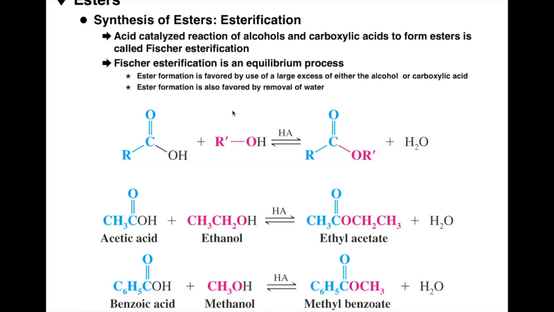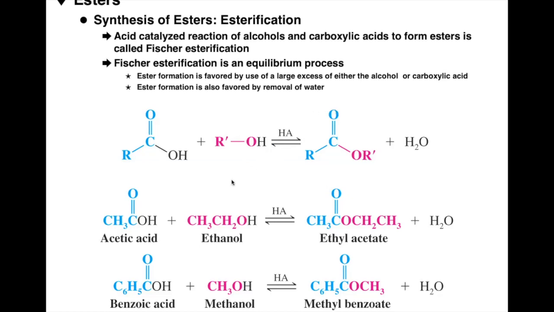No? So kung reversible siya, you can react carboxylic acid with alcohol together with an acid catalyst. You form the ester, or from the ester, hydrolysis, acid hydrolysis of an ester will produce the carboxylic acid and reversible.